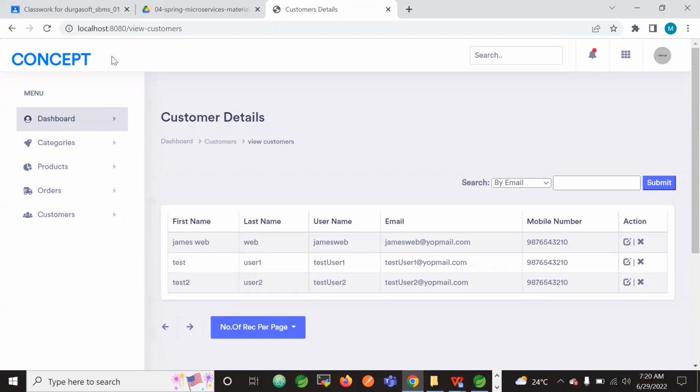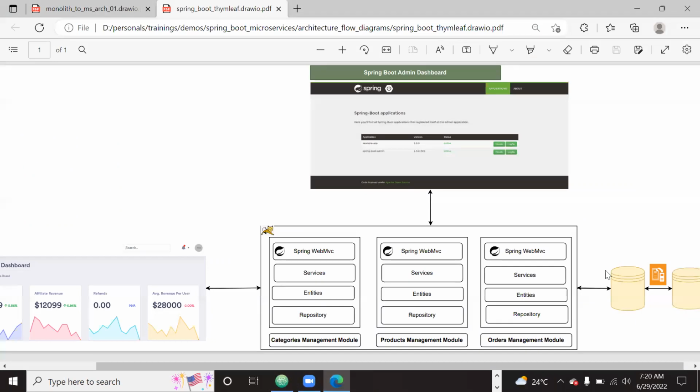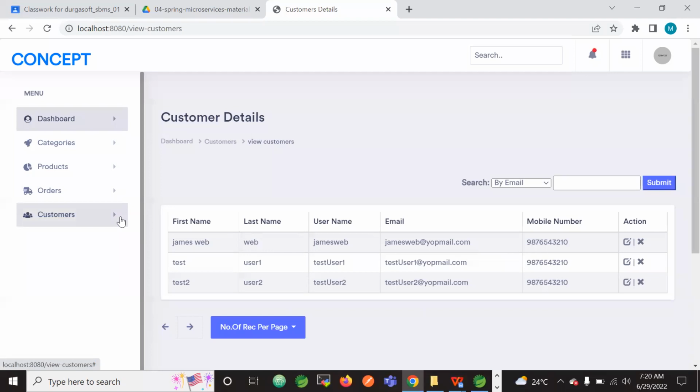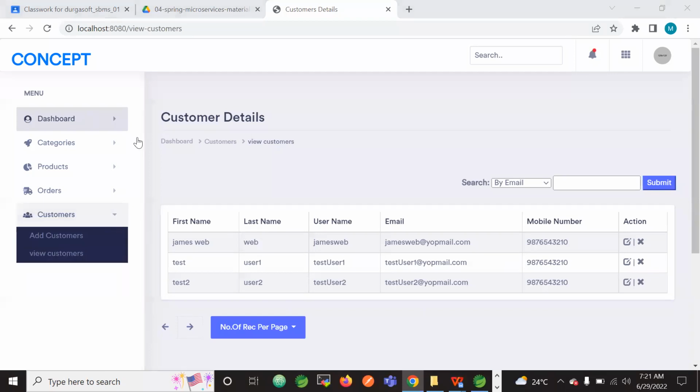Assume they were given some wrong data, directly into the database. So when we are fetching the customers from the database, when we click on view customers, all the customers related data that we are getting.